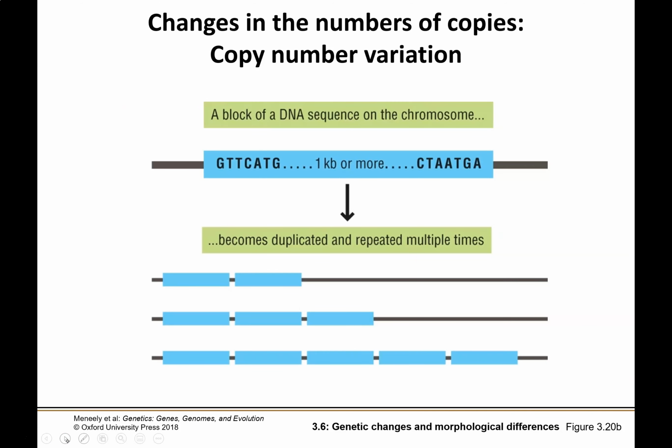So again, we can also have changes in the number of copies of a particular sequence. Again, this is a copy number variation. We saw that a minute ago, and I've sort of already explained that. This is where you have a block of DNA sequence, usually about 1,000 kilobases or more, duplicated and repeated many times. Now, this is important because, one, it produces redundancy.